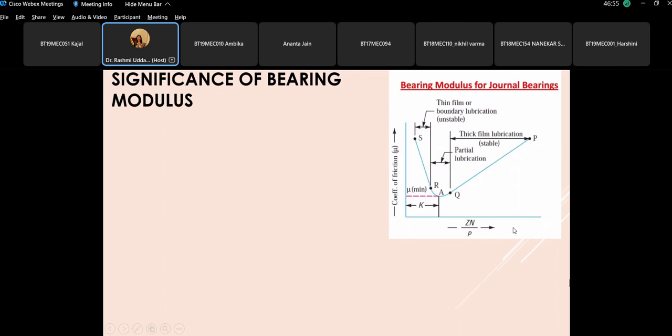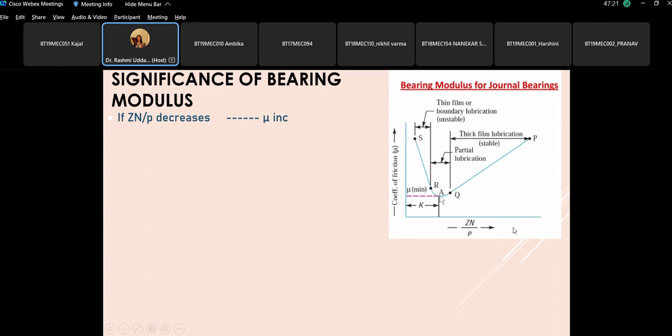So as I said, this ZN by P is another important parameter, and we'll see how this affects the coefficient of friction. I am expecting you to draw the graphs and the curves and write down whatever explanation we are discussing here. What happens when the ZN by P value is reducing, or what happens when this is increasing?